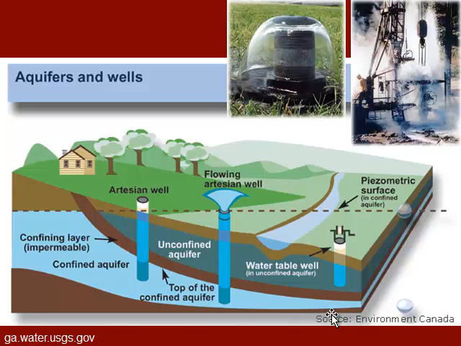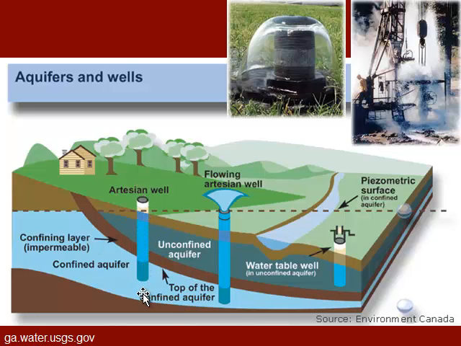Here's just a different scenario. We've got our unconfined aquifer on the surface here, and this one would be emptying into this river. And then we have our confining layer, this dark brown layer, and then we have our confined aquifer. Up here would be considered unconfined because the water can easily get into that layer. But then as it transmits down into this bed, gravity's pulling it down, and because it has more material on top of it, it's under some pressure.